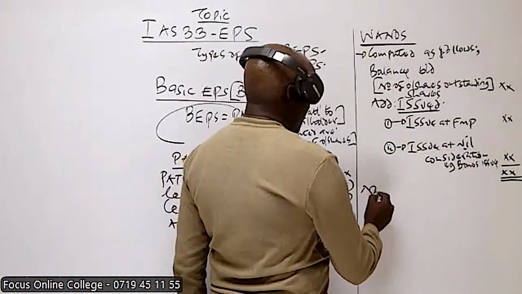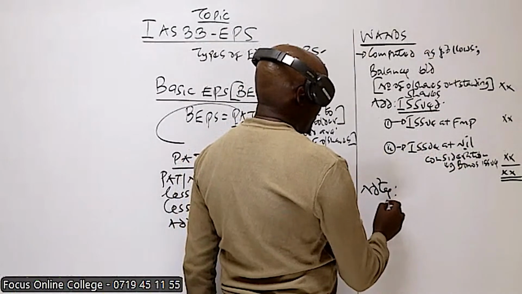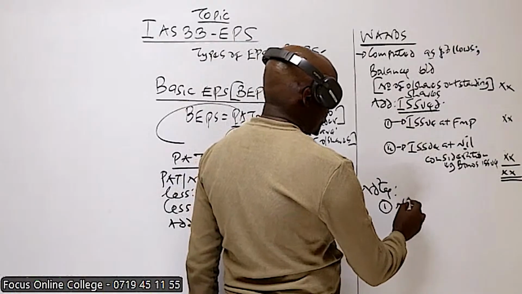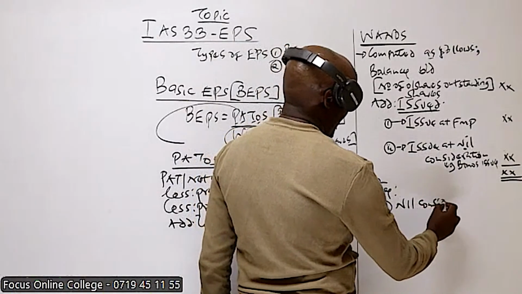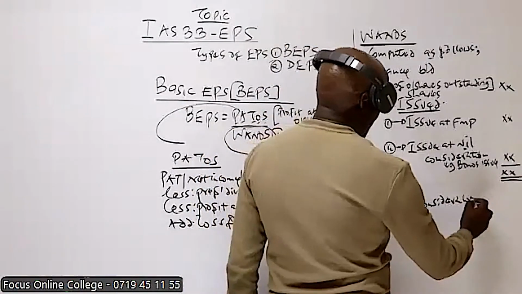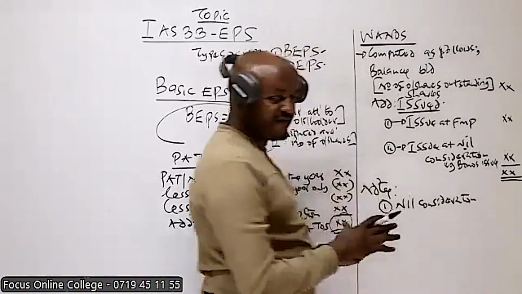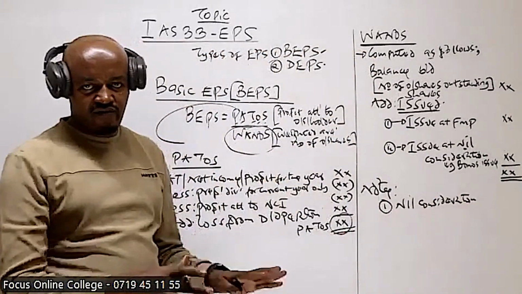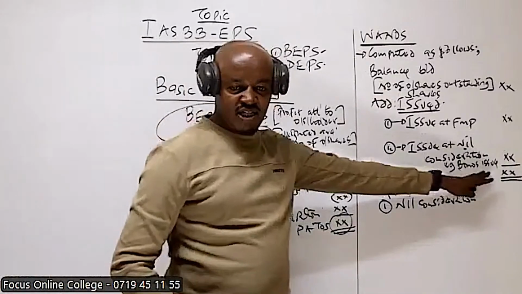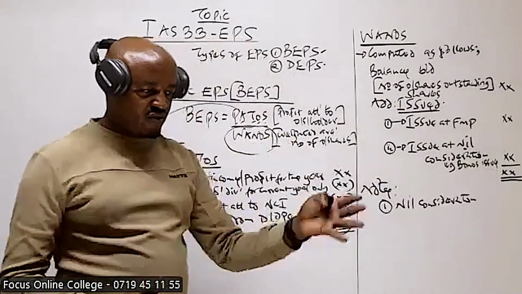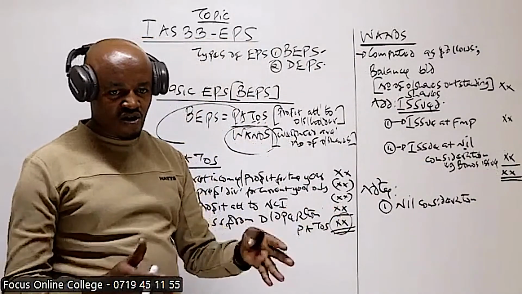Maybe I can just put that here as a note. Number one, those particular shares which are issued at nil consideration, which I've said are shares issued free of charge. A good example is a bonus issue. The shares are issued to the existing shareholders of the company free of charge.